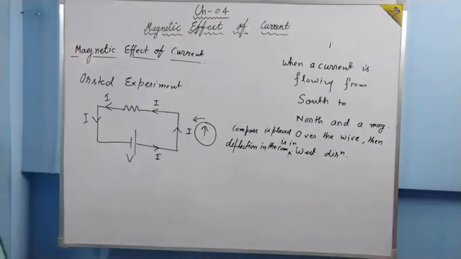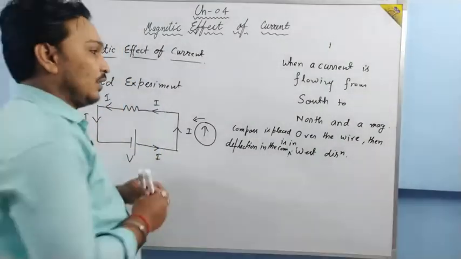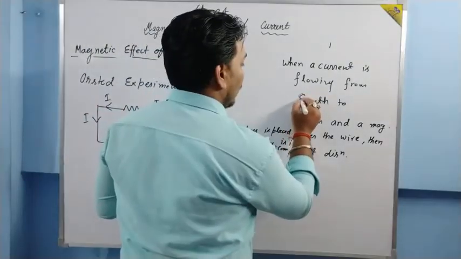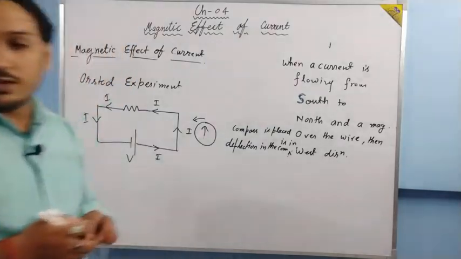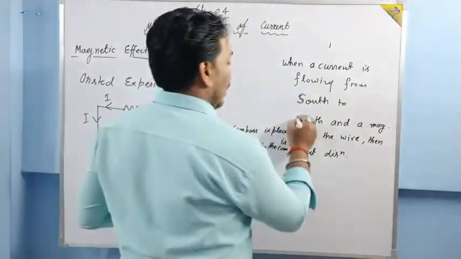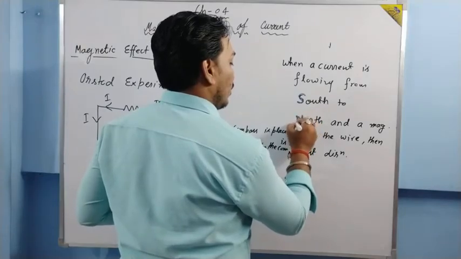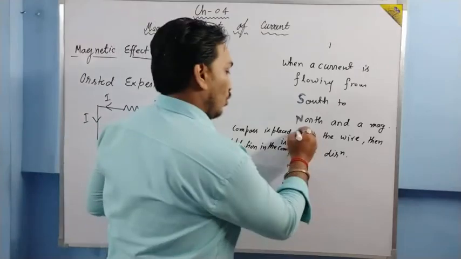When a current is flowing from south to north, this S represents south, and this represents north, okay, and a magnetic compass is placed over the wire.